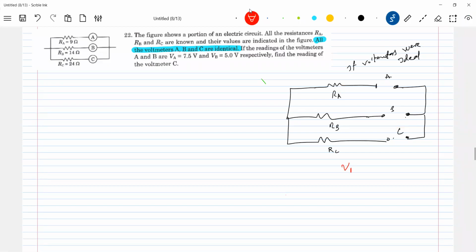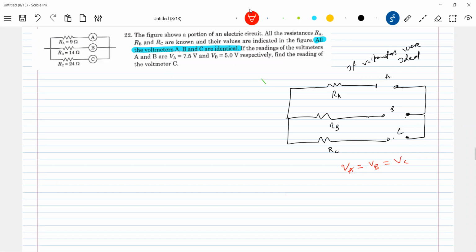All would have been the same if they were ideal. Because what do you mean by an ideal voltmeter? In place of an ideal voltmeter, what should you replace? Open circuit. In place of an ideal ammeter, short circuit. Are you getting it now? If you see a voltmeter in a circuit, if it is ideal, replace it with an open circuit.